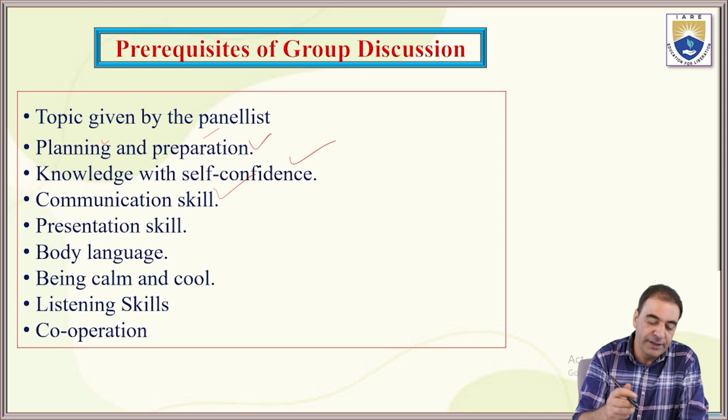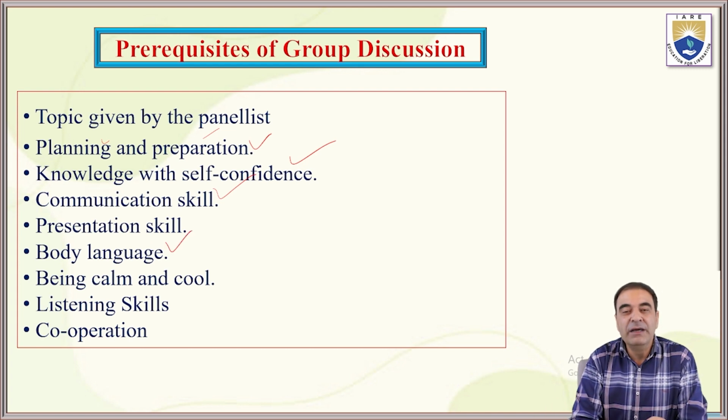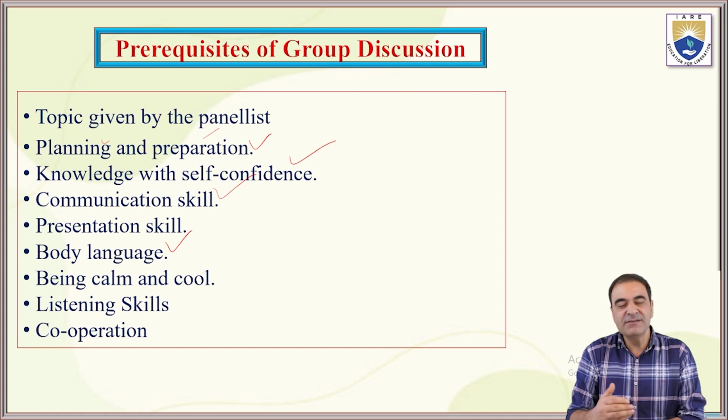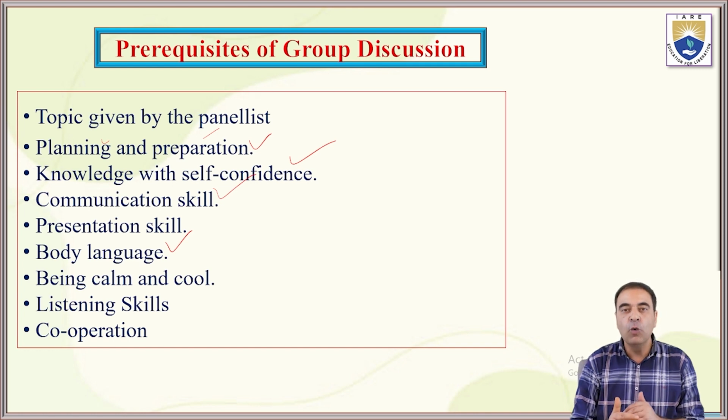Then the next one is body language. We need to maintain good body language. Our gestures, postures, and facial expressions must coordinate with our verbal words. That means there must be coordination between your body language and your verbal expressions.